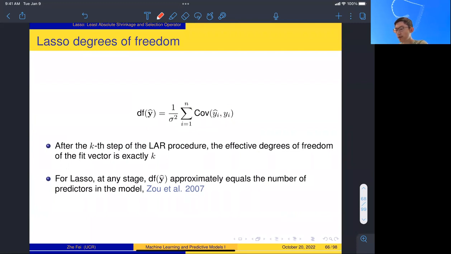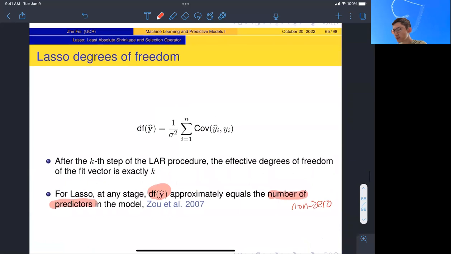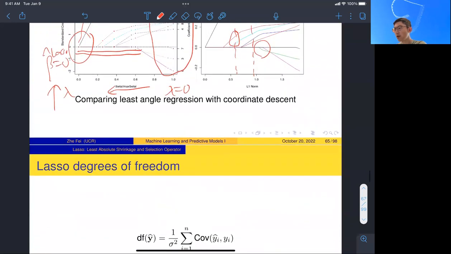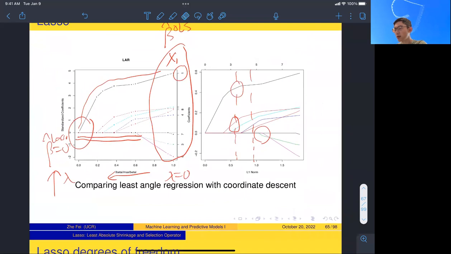And in terms of lasso degree of freedom, it's actually quite straightforward. The degree of freedom for the lasso solution approximately equals the number of non-zero estimates. This is also intuitive. As lambda equals 0, the degree of freedom is just p, the total number.